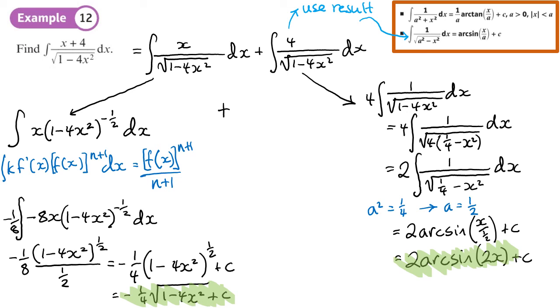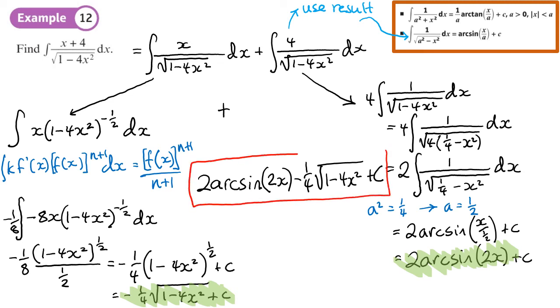So I will have 2 arc sine, not 2a, the a is part of arc sine, 2x minus a quarter square root 1 minus 4x squared plus c. So there's our final answer.